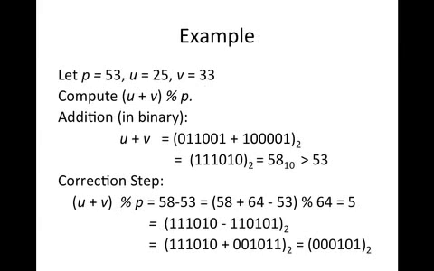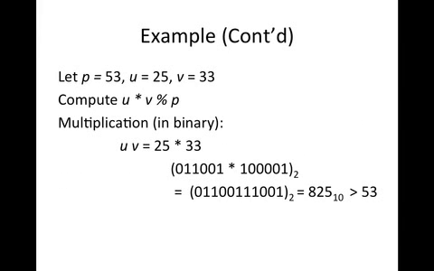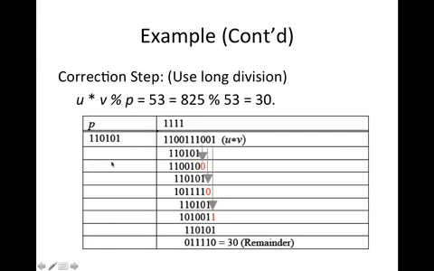All right, so given that fact, this 825 now needs to be divided by 53, and that gives us the remainder in this situation. So you need this long division effectively. Here we have the product of the two operands, which we find out to be 825, and we want to compute this mod 53. That is equal to 30, but to know that it is equal to 30, we got to do this long division. When we do, we get a quotient over here and a remainder down here.